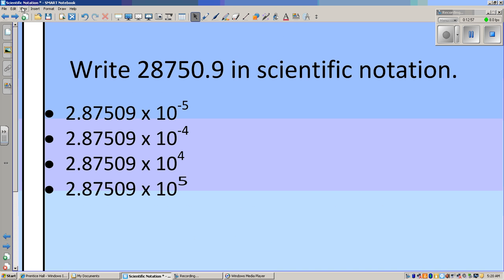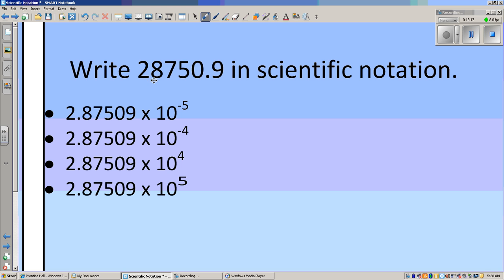Let's practice one. Let's look at this number, 28,750 and 9/10. Okay, first we need to figure out where our decimal is and how many times we need to move it to get a number between 1 and 10.